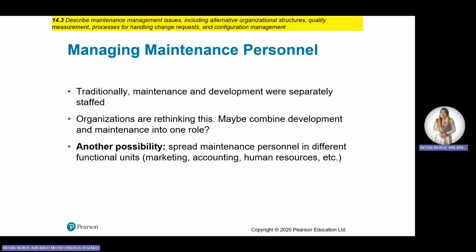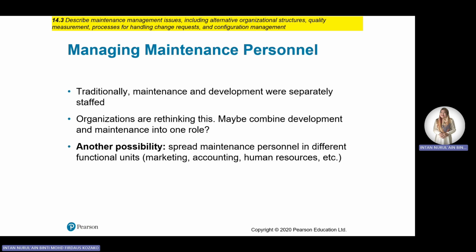In managing the maintenance personnel, those who will maintain the system, you can decide on separate teams for development and maintenance, or combine teams where developers also perform the maintenance. Sometimes the developers of the system understand the system well, so they know better how to make changes or improvements to the implemented system.